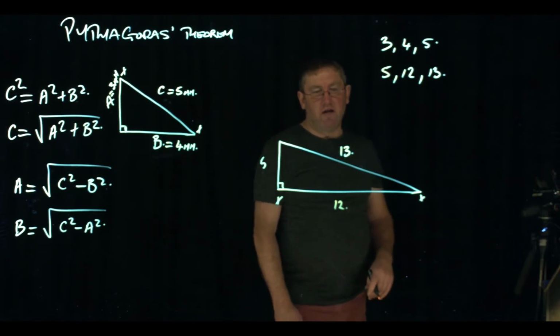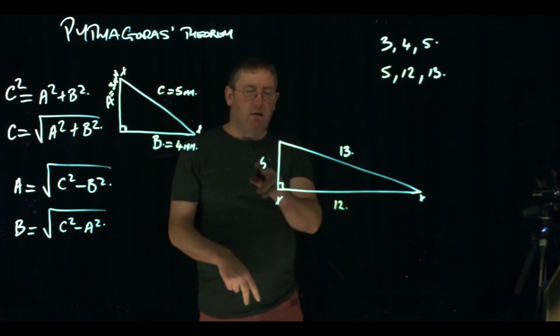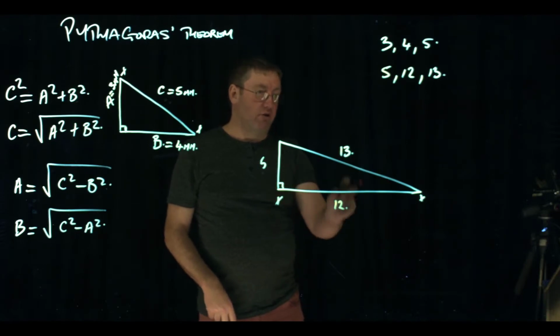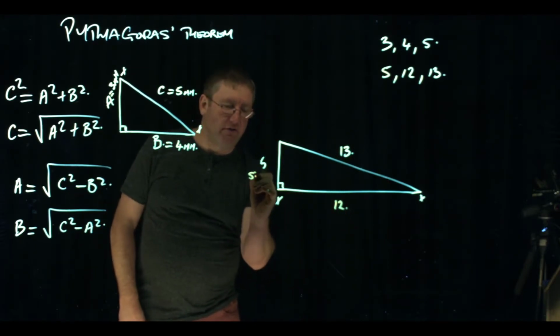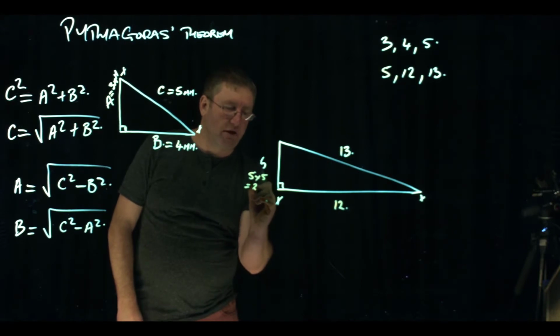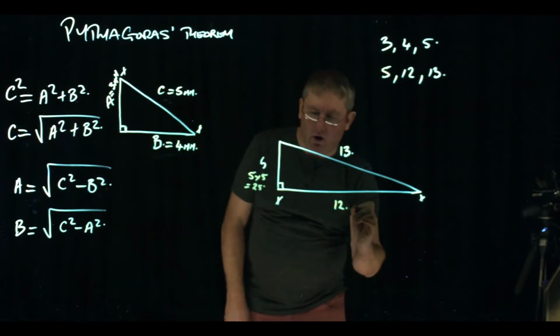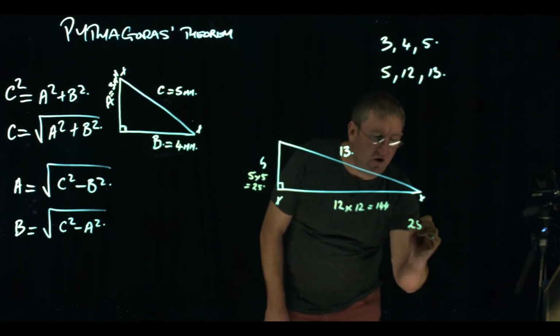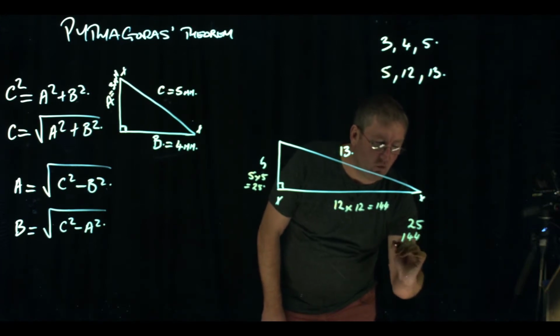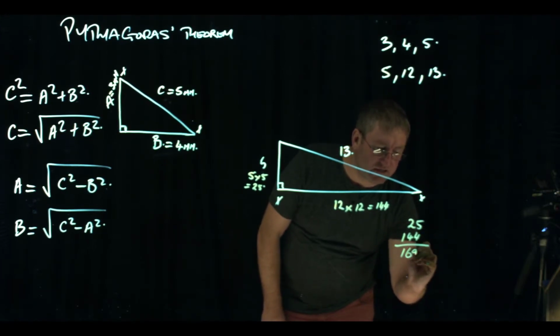So why do we end up with a 5, 12, 13 triangle? Well, we're squaring it. So 5 times 5 equals 25. 12 times 12 equals 144. 25 plus 144 is 169.